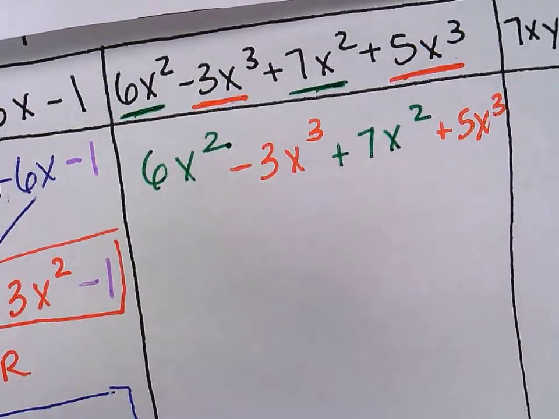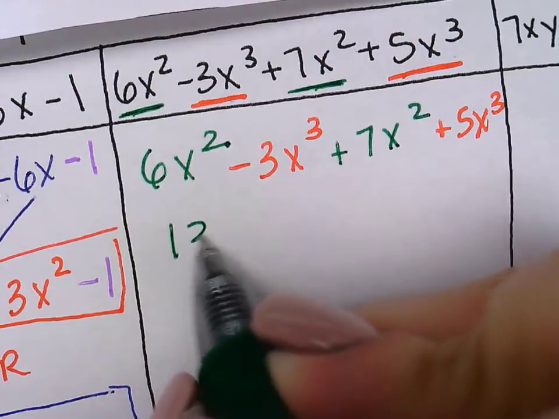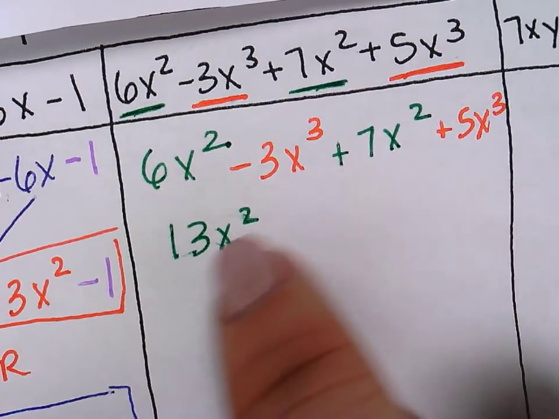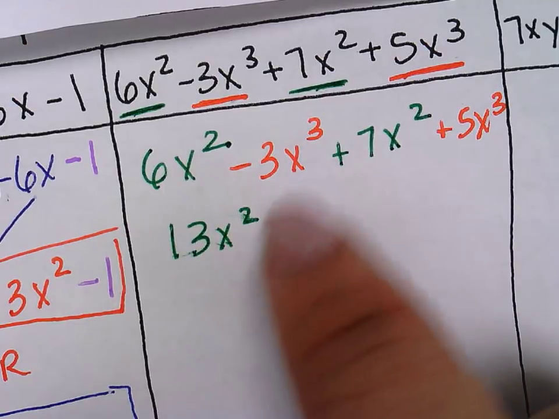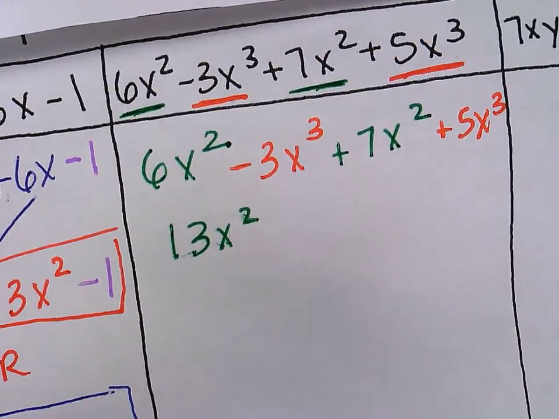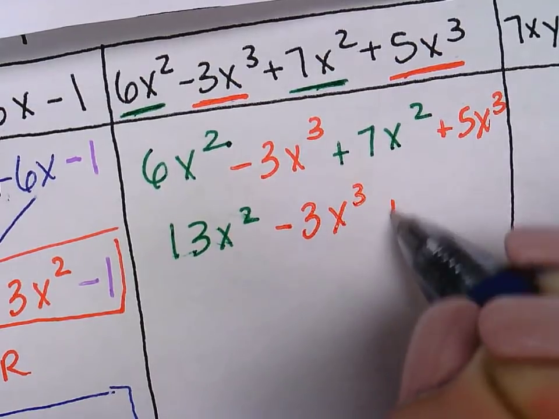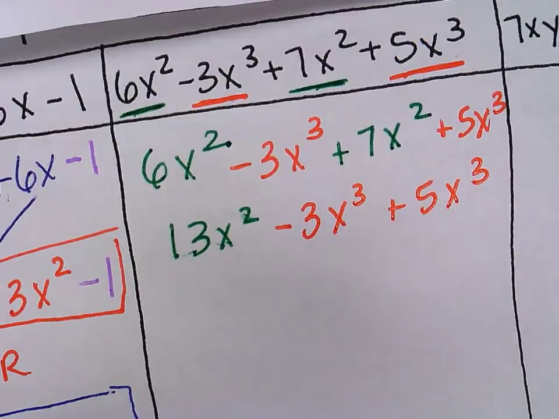And then I just combine them. 7 plus 6 is 13x squared, or you could think 6 apples plus 7 apples means 13 apples. And then I rewrite minus 3x cubed plus 5x cubed.